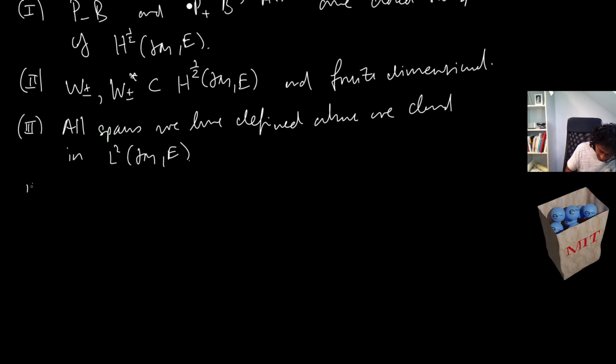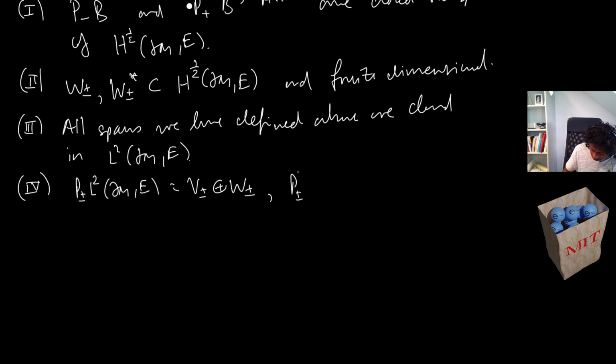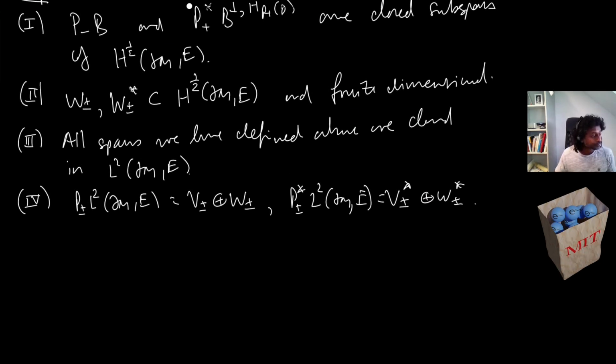And the last point is that P plus minus L2 ∂M is equal to V plus minus plus W plus minus, and P plus minus star L2 ∂M is equal to V plus minus star plus W plus minus star. Okay? So this is one of the key propositions, one of three key propositions we need in order to really make this thing happen.